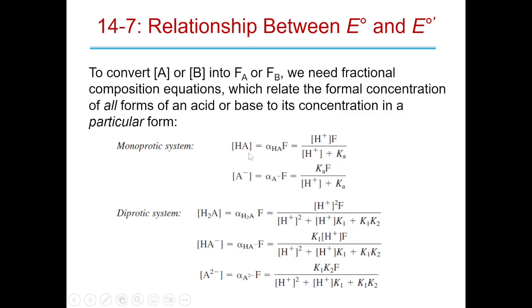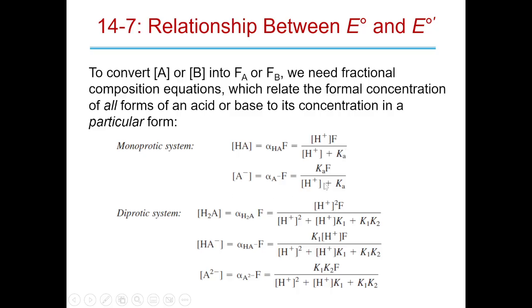So here's the monoprotic system. It looks just like you guys are used to, right? Notice the HA, there's the fractional composition right there, times the formal concentration. And that's what that equals. The H plus form times the fractional, which is that right there, the formal concentration over the H plus the Ka.